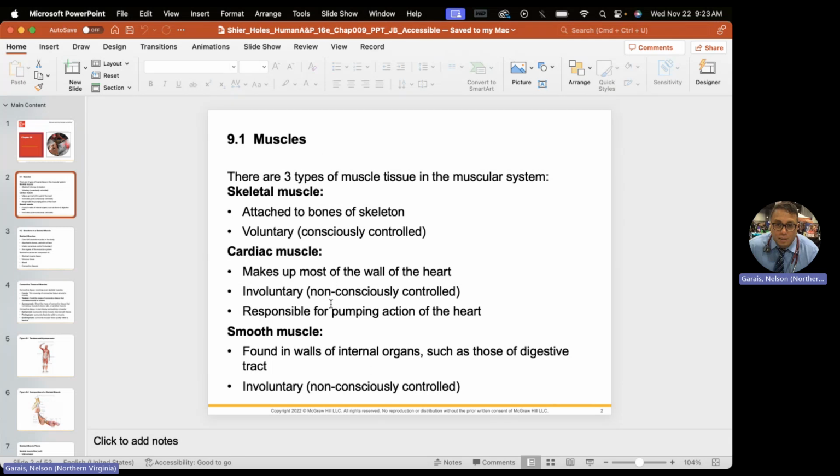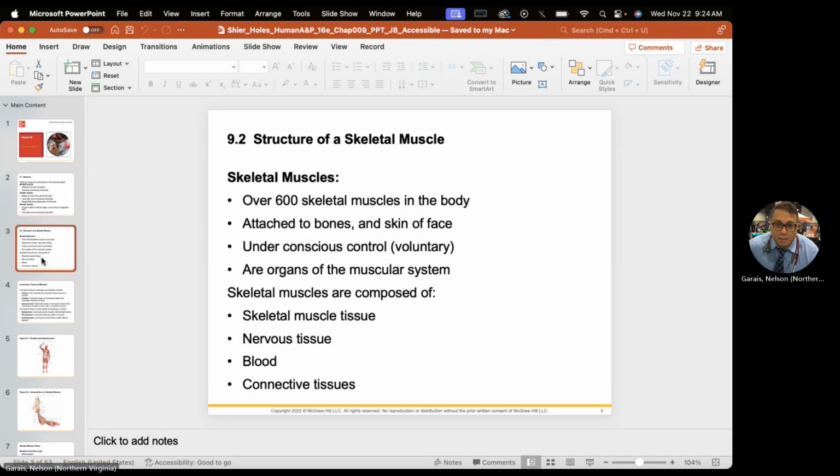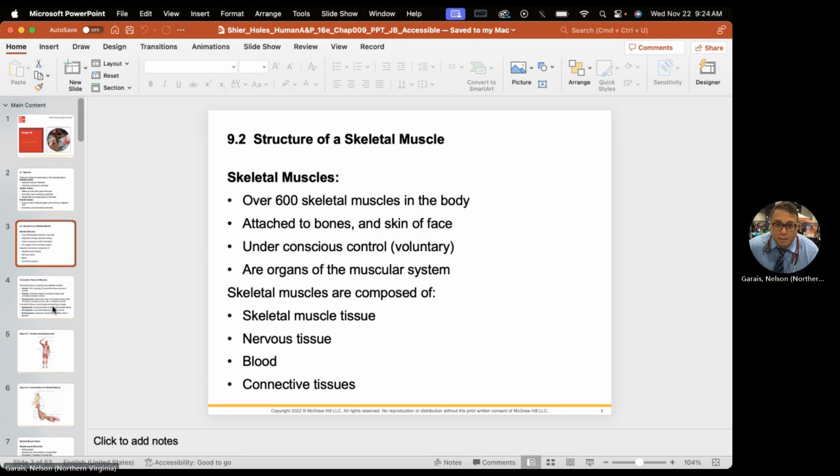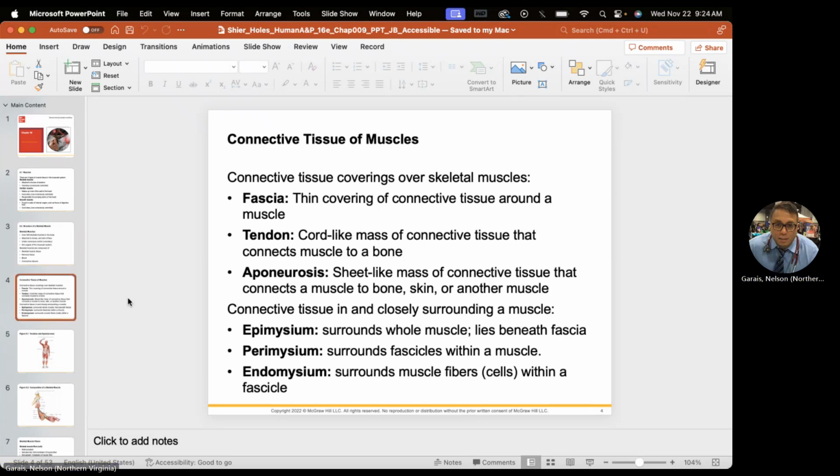All the stuff that we went over before, you can apply it and add it to this, and you kind of already should know the 3 types of muscles and their characteristics. Definitely an alpha question, must know. Skeletal muscles, attached to bone, voluntary, and so on, right? It's stuff that we already know.